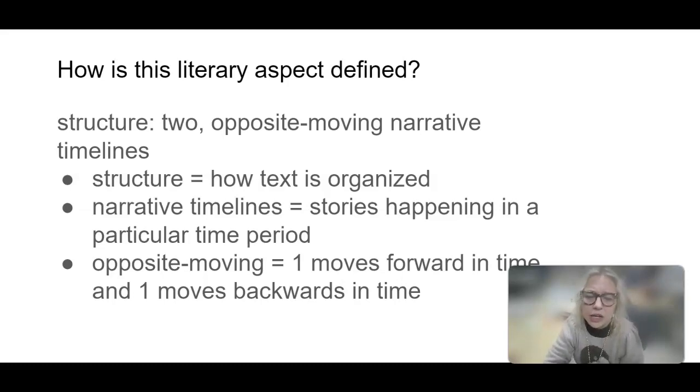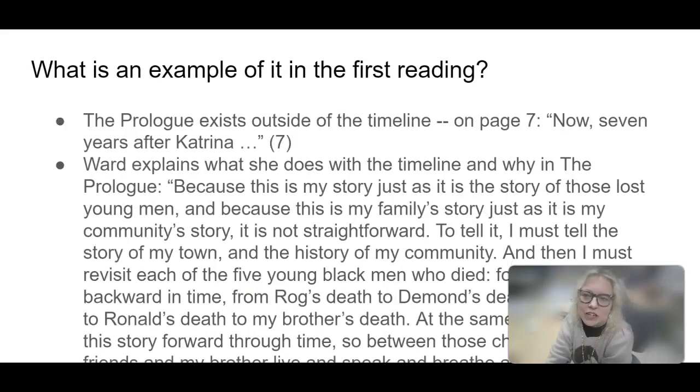The other timeline moves backwards in time. And so that timeline begins closer to the present and gradually moves backwards, so from 2004 to 2000. All right, that's the definition of this literary aspect. Let's look at some examples next.